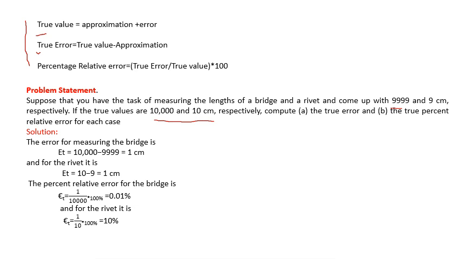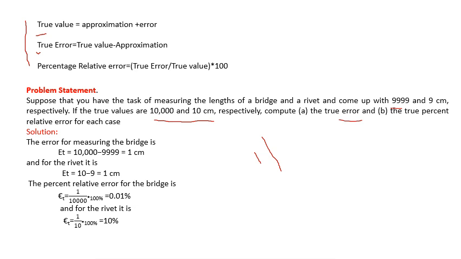You need to compute the true error and the true percent relative error in each case. For both measurements you have a 1 centimeter error, but how severe it is can be easily demonstrated by this example.